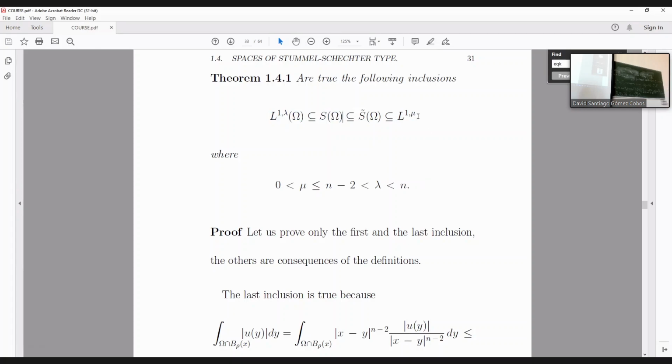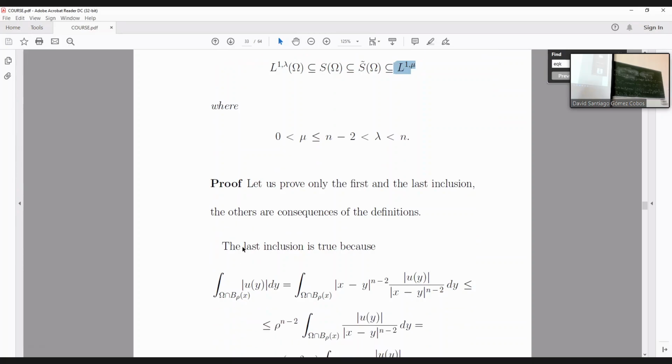Let us consider a function f that we put in the integral. So we have the integral in omega intersect B(x, rho) of u. Now, multiplying and dividing by |x minus y| with exponent n minus 2, because we force ourselves to obtain something like this, we need the function over |x minus y| with exponent n minus 2. So this integral could be majorized with rho, and we put it out of the integral.